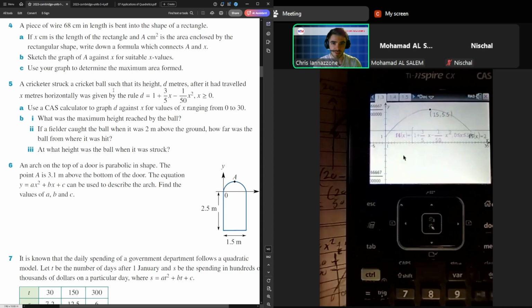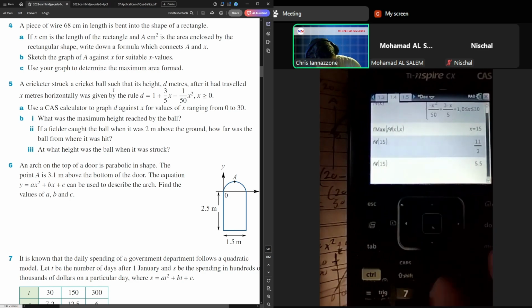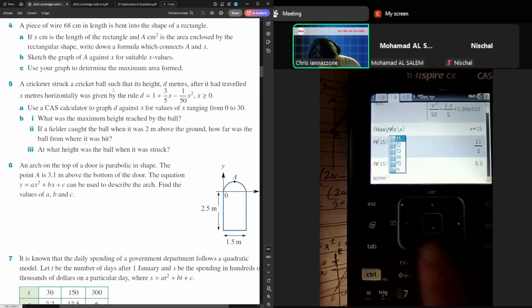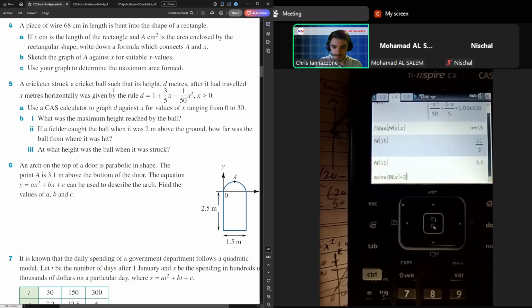Again, I'm not really a fan of getting decimals, so I would instead just go back, chuck it in a solve, menu 3, 1 for solve, grab your function, in this case it was f4, and set it equal to 2, because that's our y value. Solve for x.